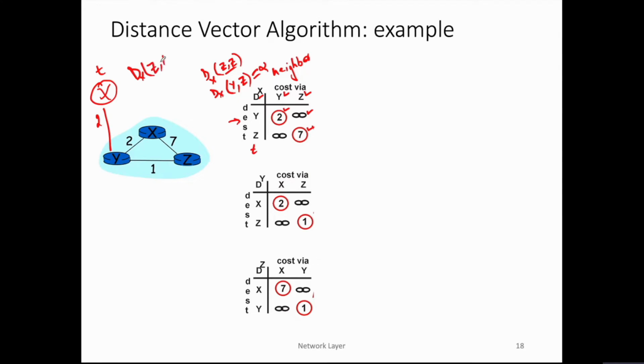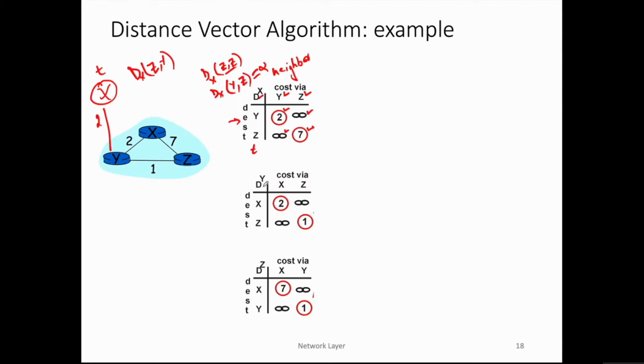What is this cost? Since we are in the initialization step, y has not communicated this cost with x. So that's why again it is infinity. So this is the situation in the distance vector table of x in the initialization step.